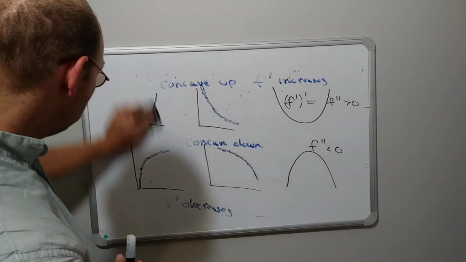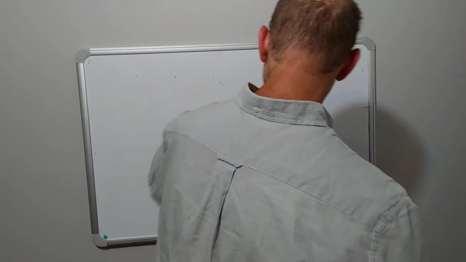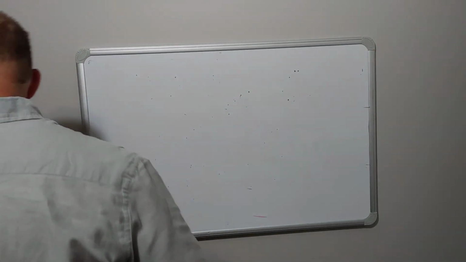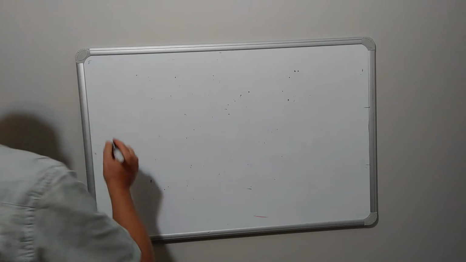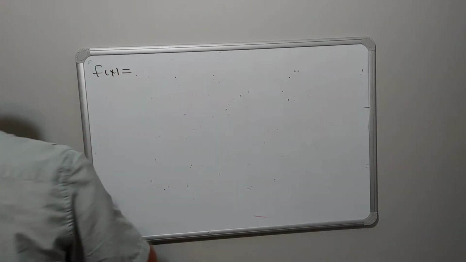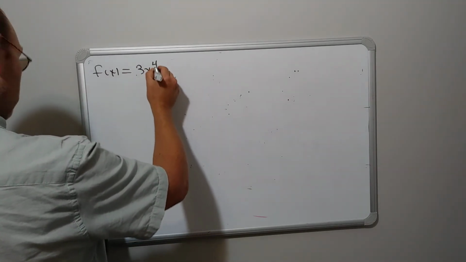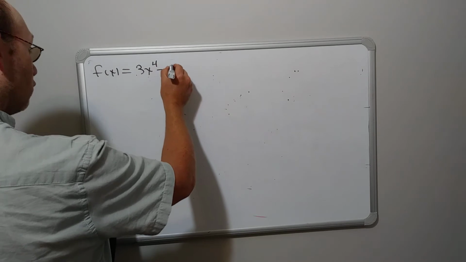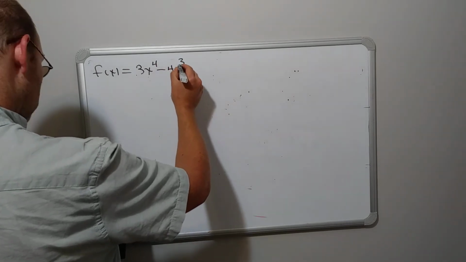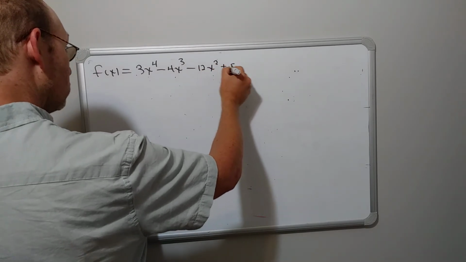So let's go back to f of x equals 3x to the fourth minus 4x cubed minus 12x squared plus 5.